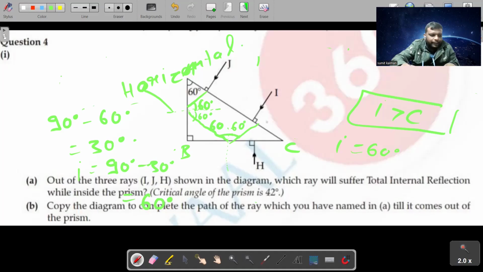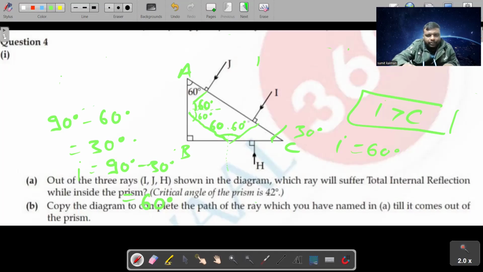And students, if you see the slanted face AC, this is a slanted face, and it makes 30 degree with the base.